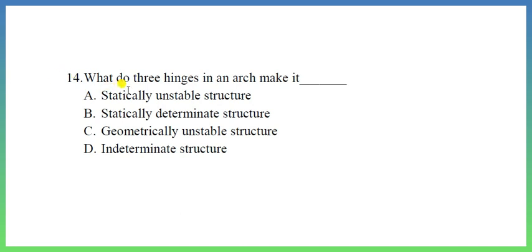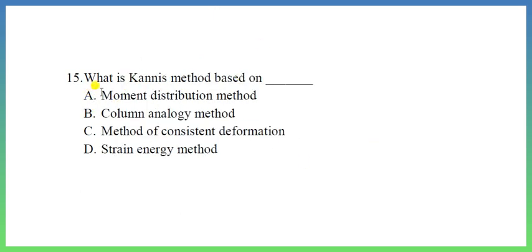Next one, what do three hinges in an arch make it? So in arch, if there are three hinges, in that case the structure is statically determinate structure. So option B is the correct answer. Next one, what is the Kani's method based on?